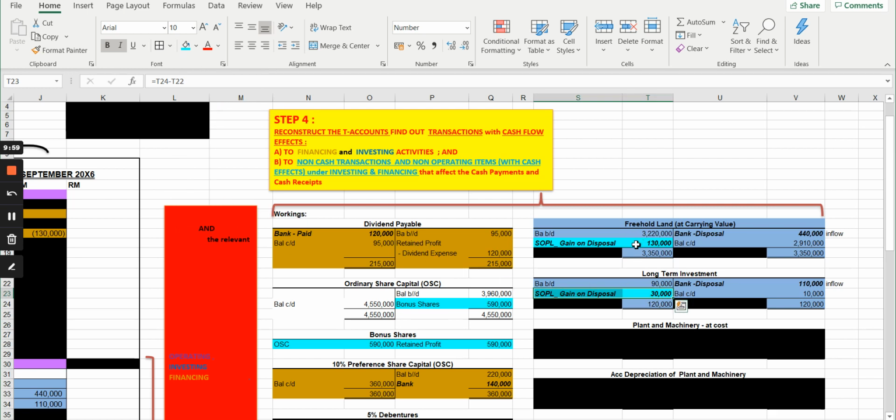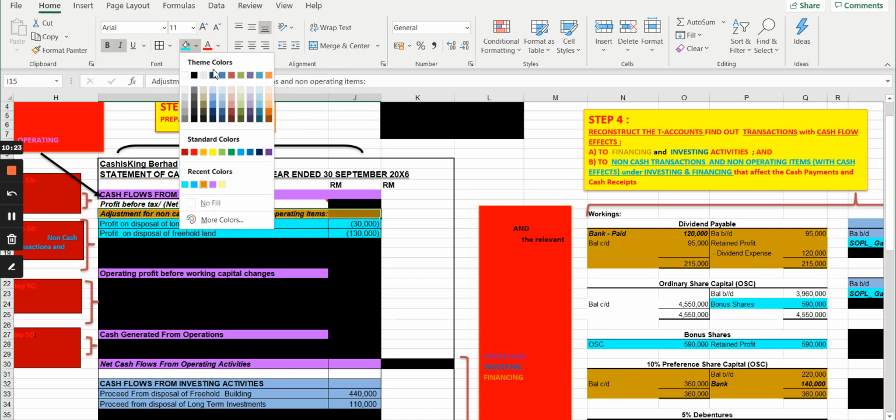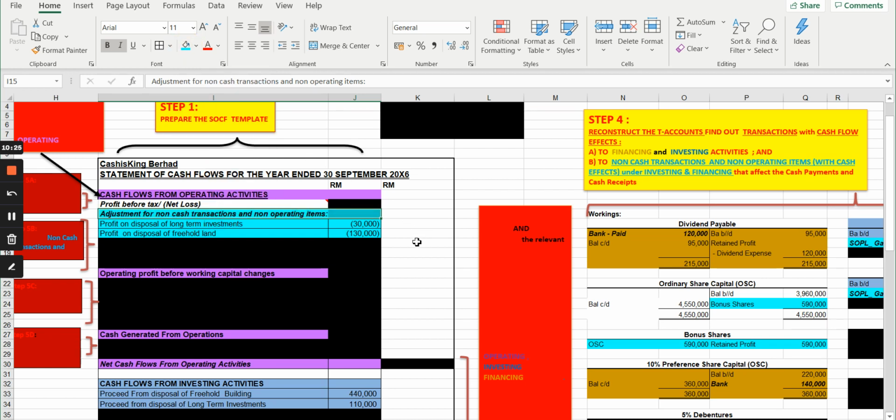The effect is the same as for freehold land. You're going to deduct it in your item here, because earlier you added it to arrive at the profit before tax. So this one I have color coded as turquoise to differentiate the non-cash transactions.